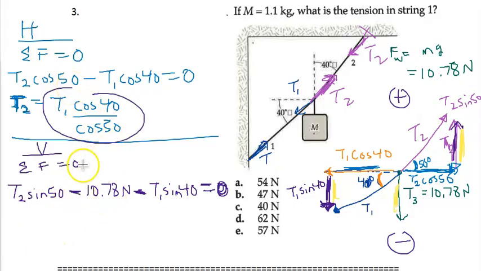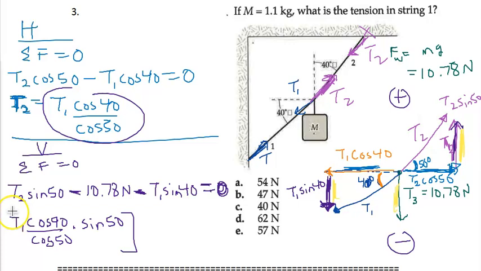Okay, we're going to plug this in for T2. So I'm going to get T1 cos 40 over cos 50 times sine of 50, minus 10.78, minus T1 sine 40 equals 0.